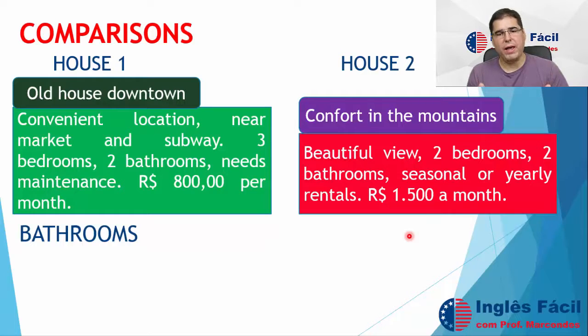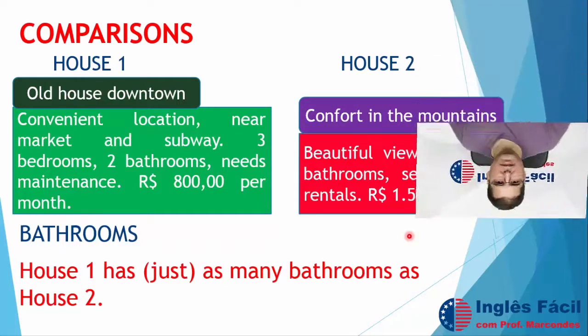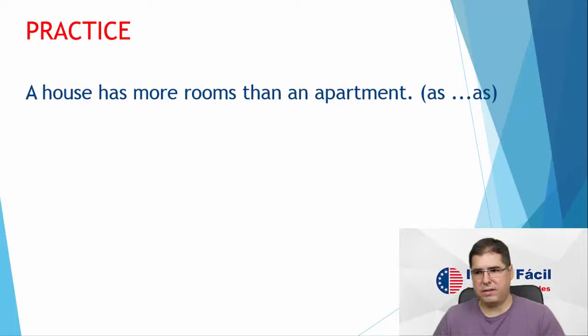Affirmative. Why? Because they are the same. They have the same number of bathrooms, right? So, we're going to say house 1 has as many bathrooms as house 2, or house 1 has just as many bathrooms as house 2, okay? They are the same.